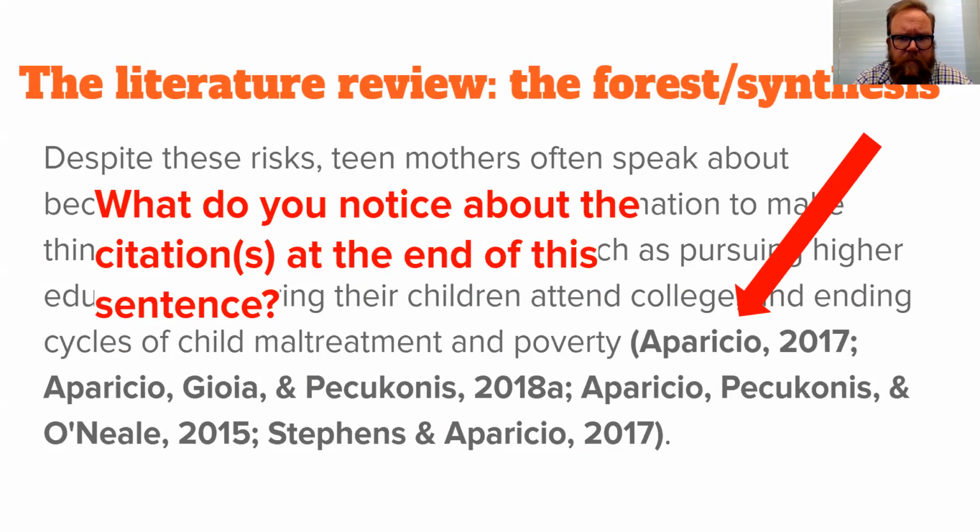And the other thing I would hope that you might notice as you start reading more scholarly articles is that the same name appears in all 4 in-text citations. And so one thing to think about there, and also I'll give you 3 guesses as to who the author of this article was. It was Aparicio.